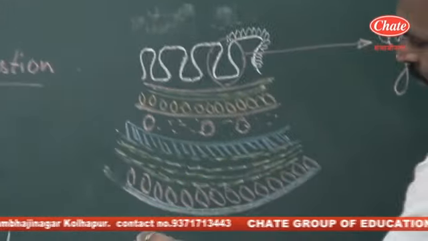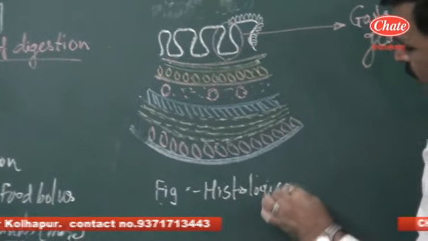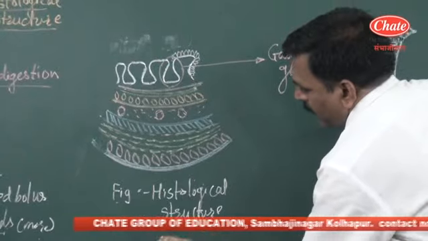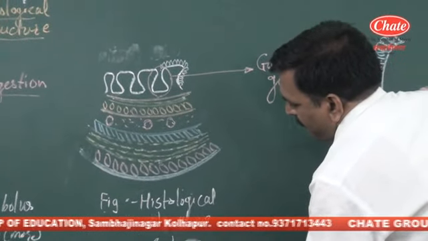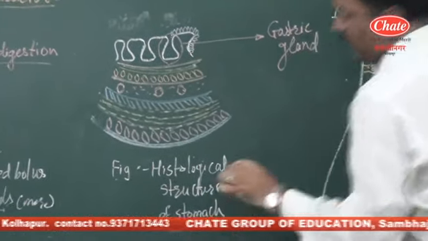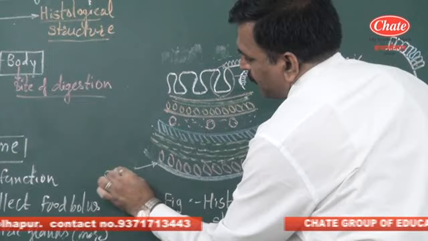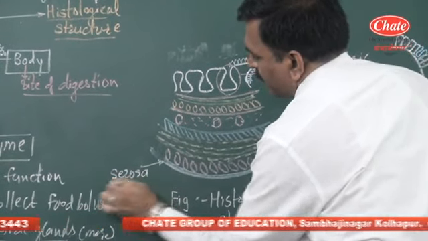Now see this diagram. This is the histological structure of the stomach. This is the outermost layer, termed the serosa.